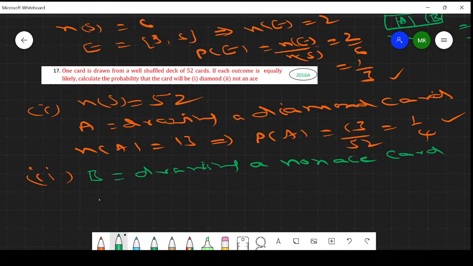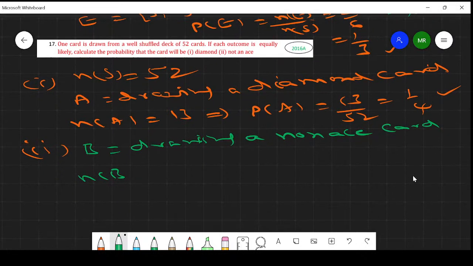You tell me the number of non-ace cards, n of B. Total cards 52 we have, and in that, ace cards will be only 4. So n of B equals 52 minus 4 ace cards, which is 48 non-ace cards.